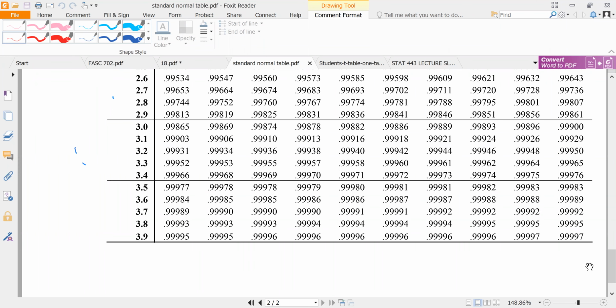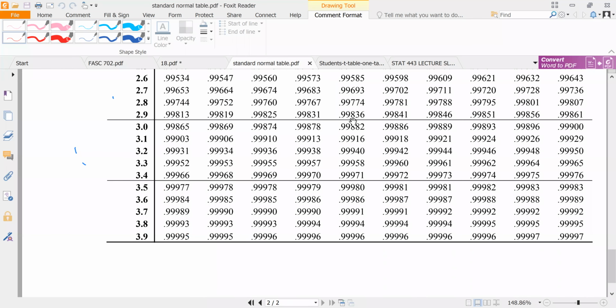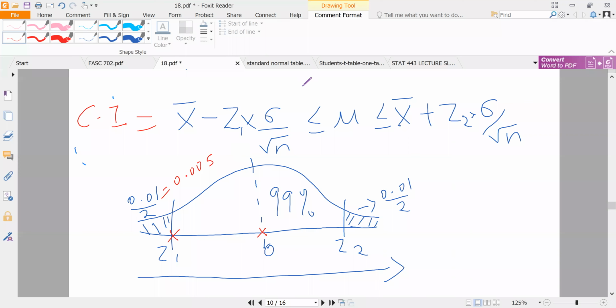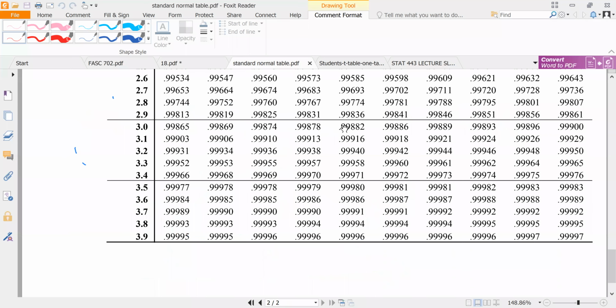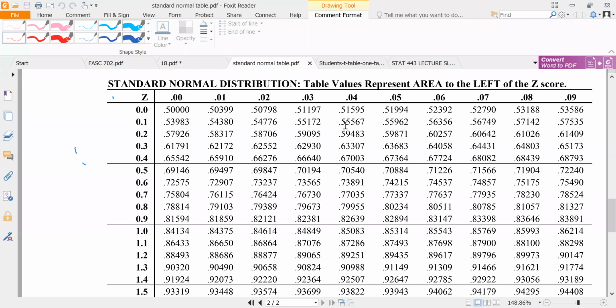So now for this case of ours, the accumulated probabilities up to the point where Z1 is are 0.005. So what we do is come into this table and look for the probability 0.005 inside the table.